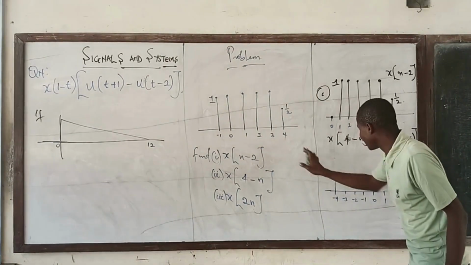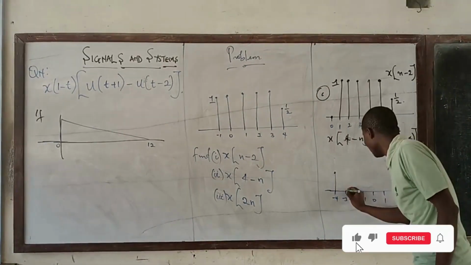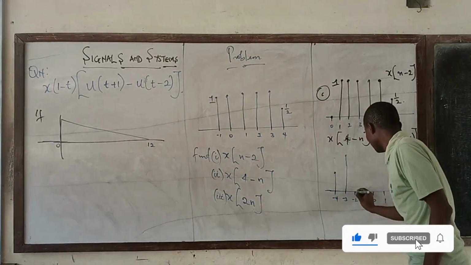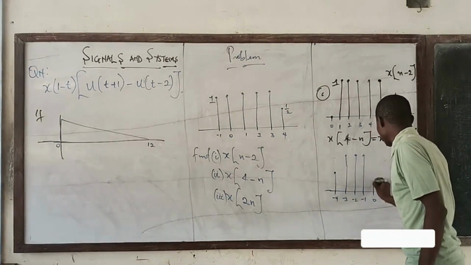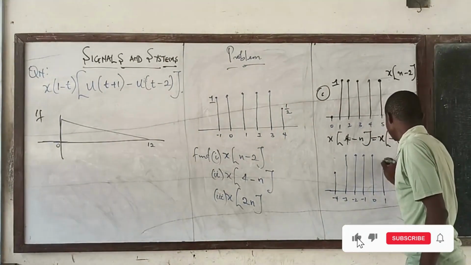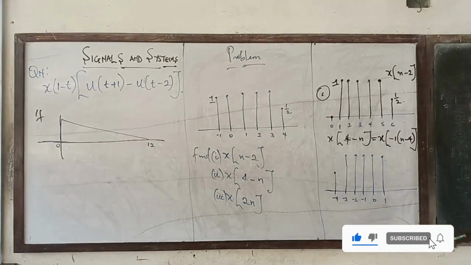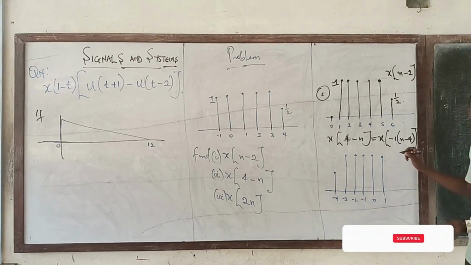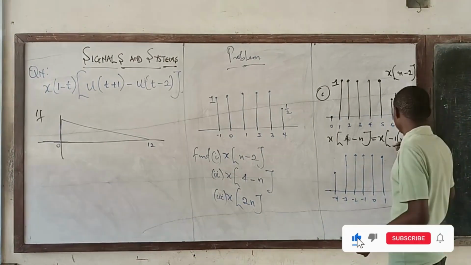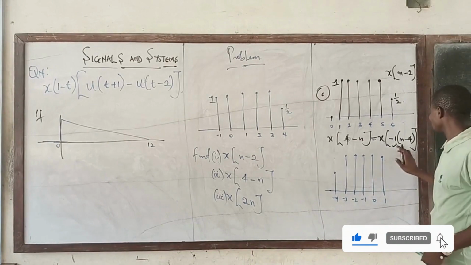Whatever is at 4 now will be at minus 4. Then I have this, this, this, and this. The rest are zeros. Now I have done this part of the operation.